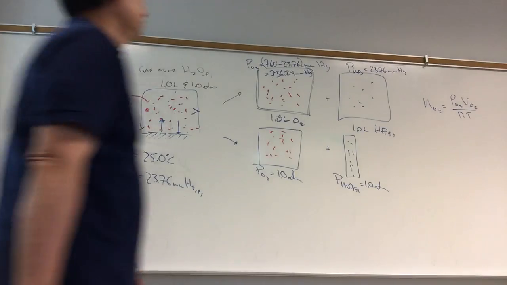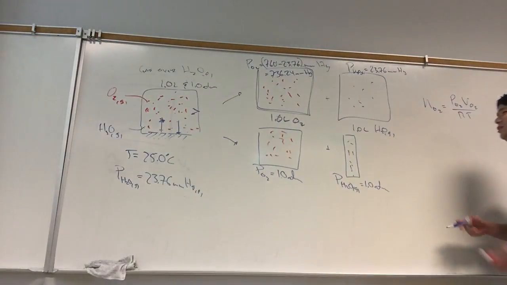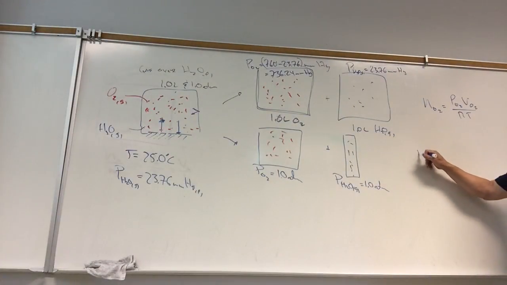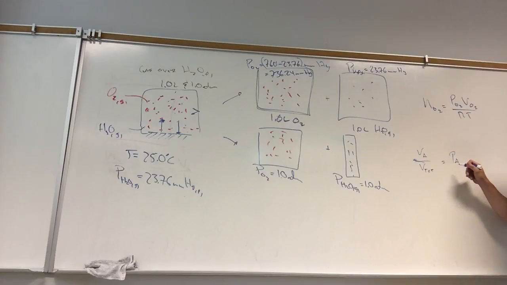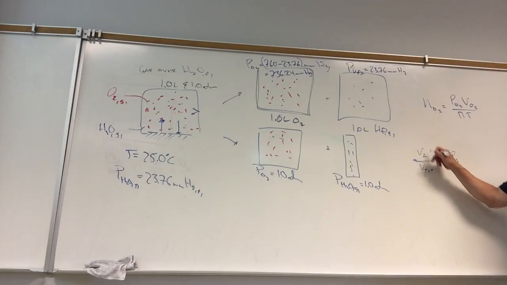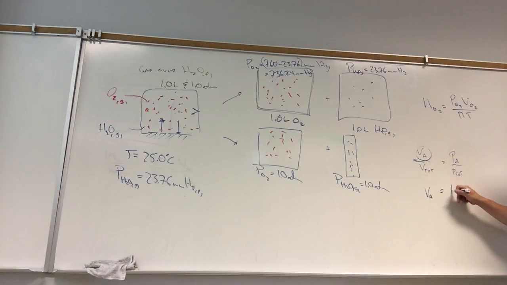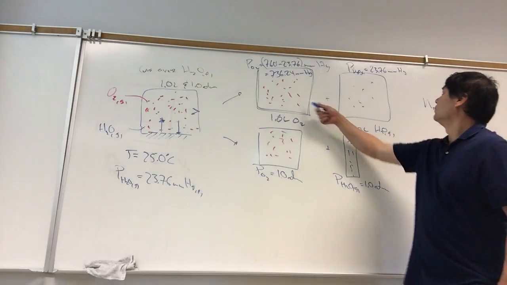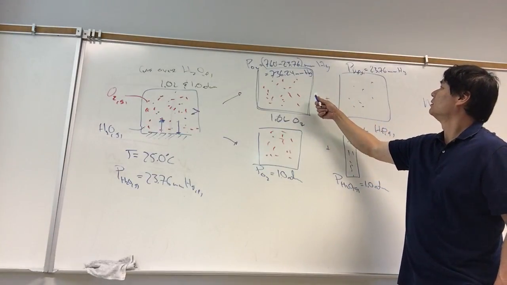We use a new equation that you're probably not that familiar with: V_A over V total is equal to P_A over P total. And so if I want the volume of component A, the volume of component A is equal to P_A over P total times V total.